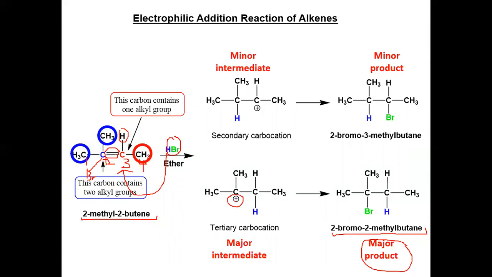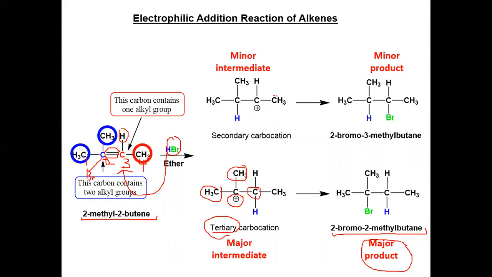So if you can see here, this is your tertiary carbocation. 1, 2, 3. Ada 3 jiran kat sini. So it becomes a tertiary carbocation. Okay, whereas if let's say lah, kamu nak masukkan hydrogen kepada carbon kedua. So this is your carbon 2. So this will become your carbocation.